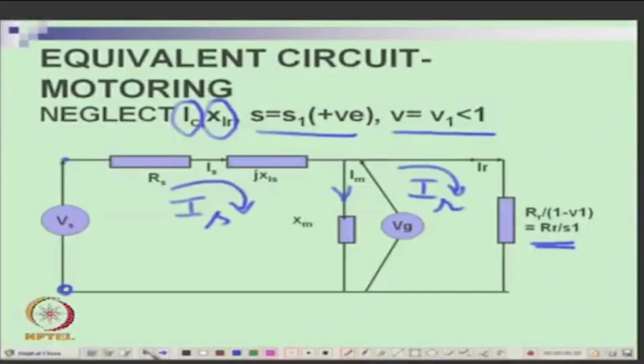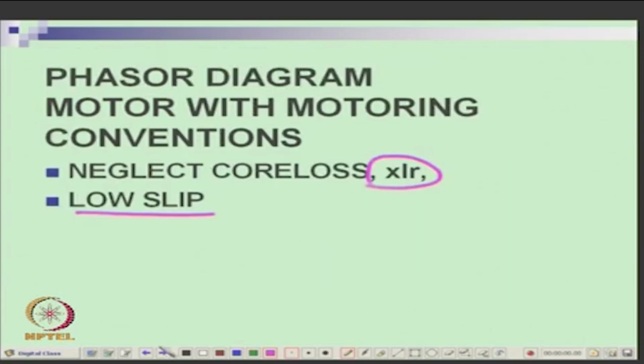So, neglecting this and low slip, okay. Now, what will be IM with reference to Vg? It will be at quadrature, right.